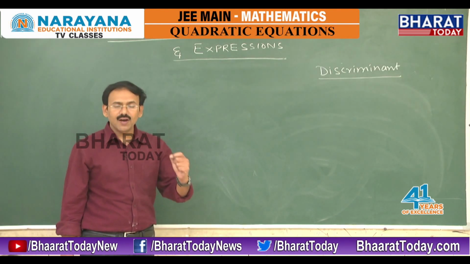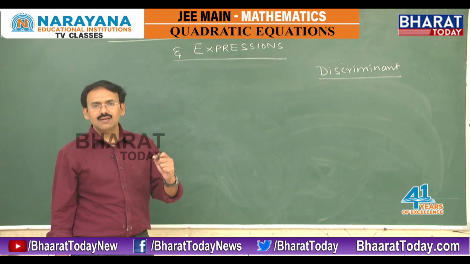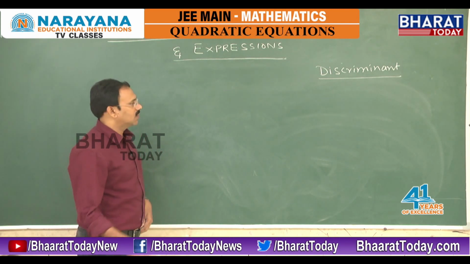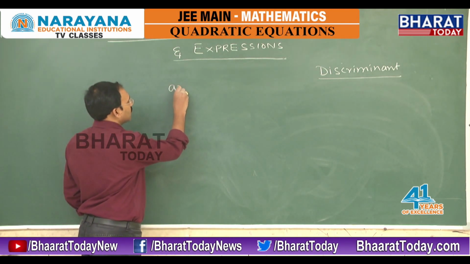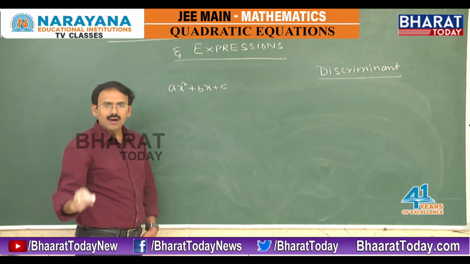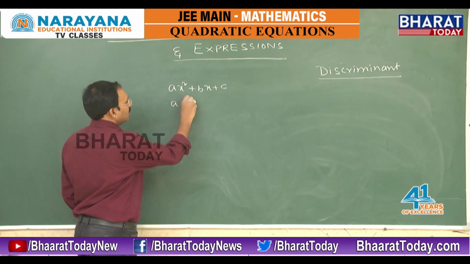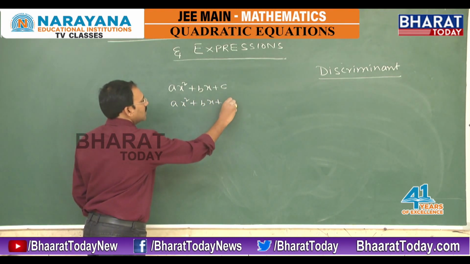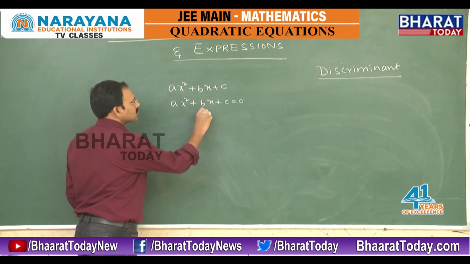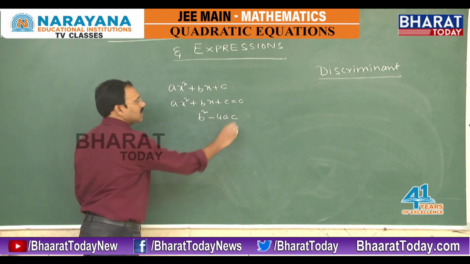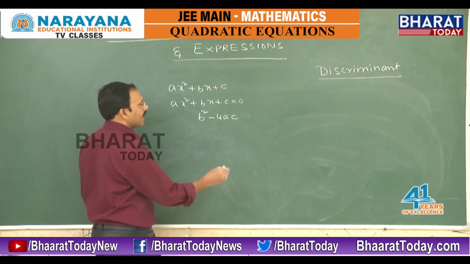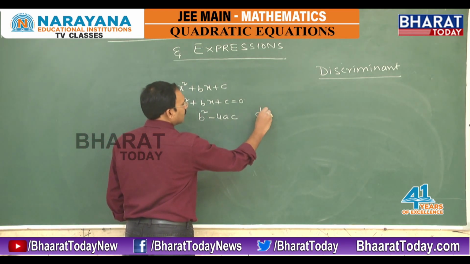Now let us define the discriminant of a quadratic expression or quadratic equation. So for any quadratic expression ax² + bx + c, or the quadratic equation ax² + bx + c = 0, we define the number b² − 4ac as the discriminant.